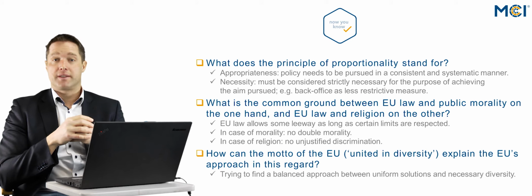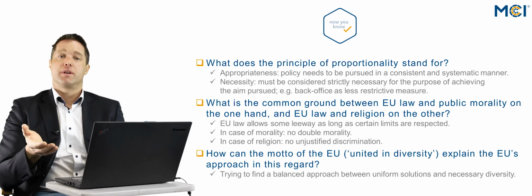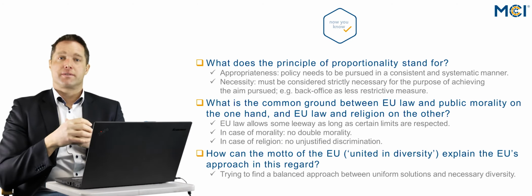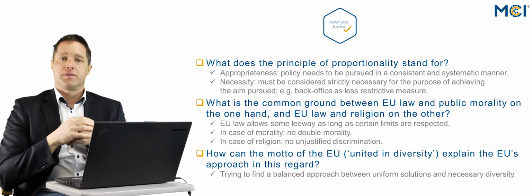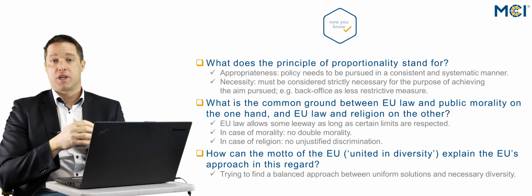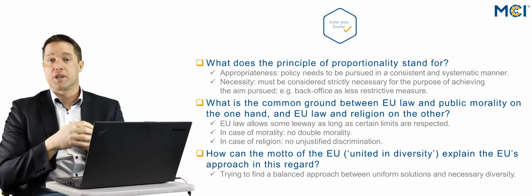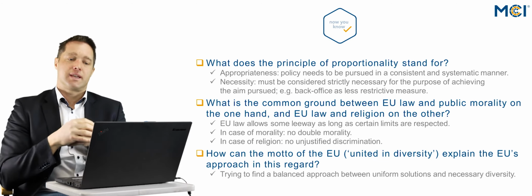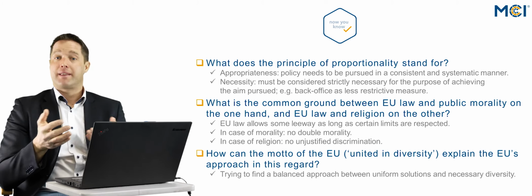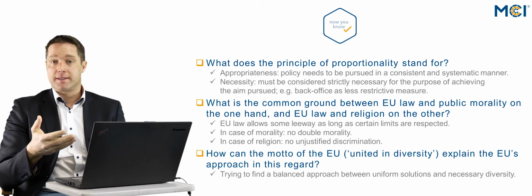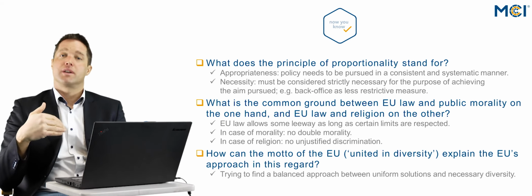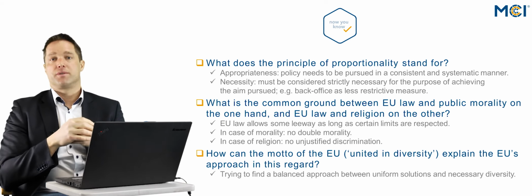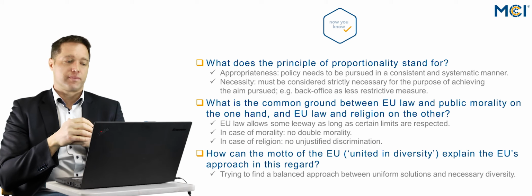Again, proportionality is a very important principle which has certain elements, so appropriateness, so the need to pursue this objective, if it's a legitimate objective, in a consistent and coherent manner, and very important, the necessity test to find out whether there are less restrictive measures which still would allow us to achieve this objective.